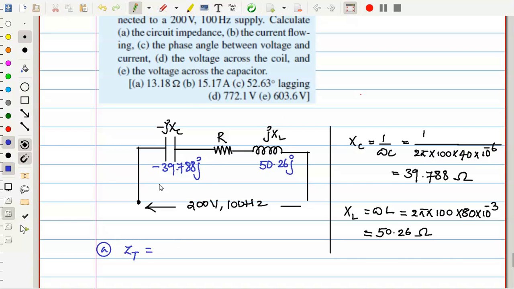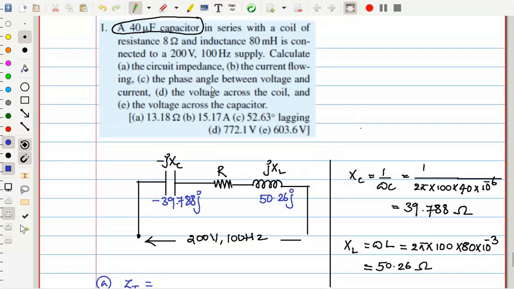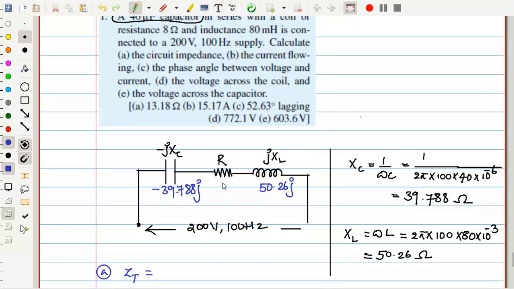Each of the elements is connected in series to each other, so we have to add up all the impedances. Let me put the resistance also. How much is the resistance here? 8 ohms. Now add up all these: minus 39.788j plus 8 plus 50.26j.